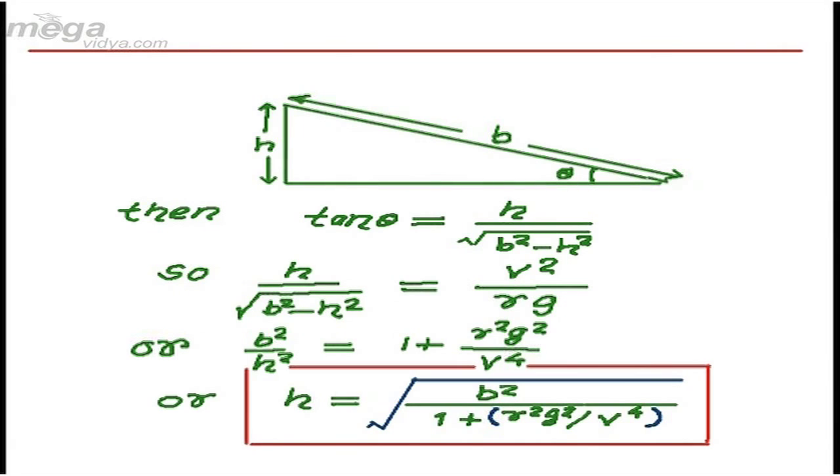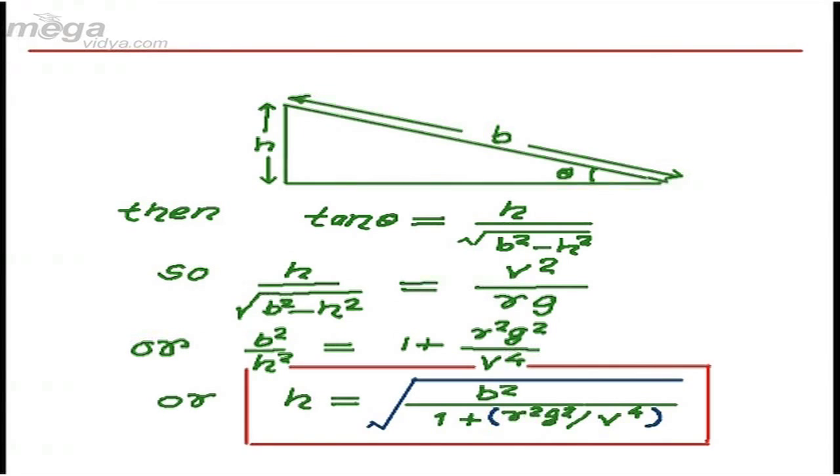So by putting the value of tan theta into the equation which we had attained by the two different processes, h upon under root b square minus h square is equal to v square by rg, or b square upon h square can be written as 1 plus r square g square upon v to the power 4.